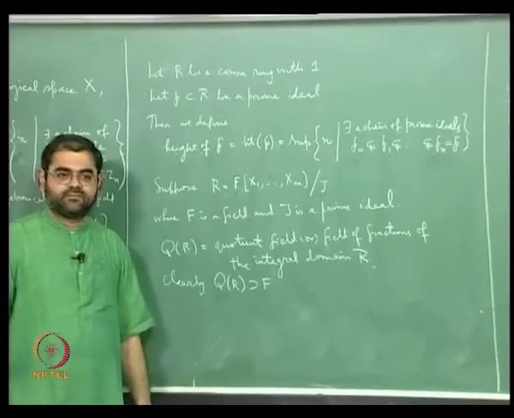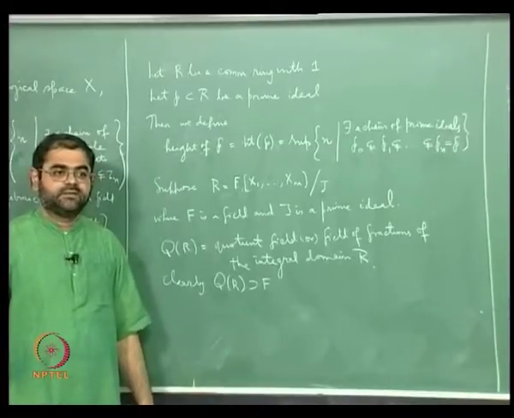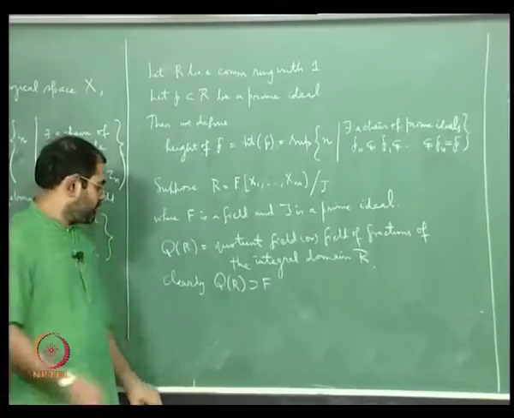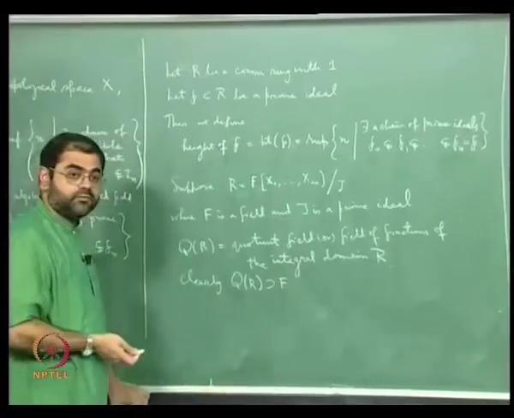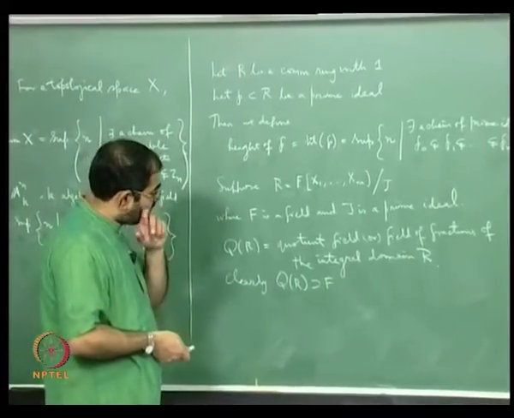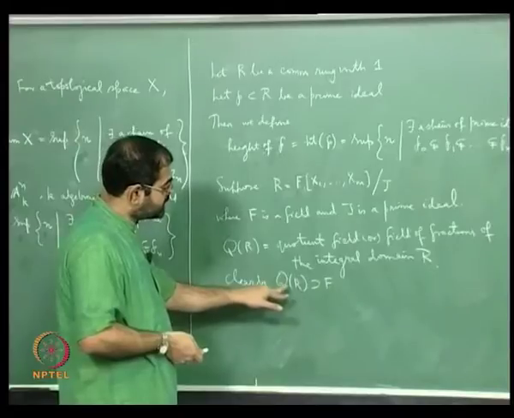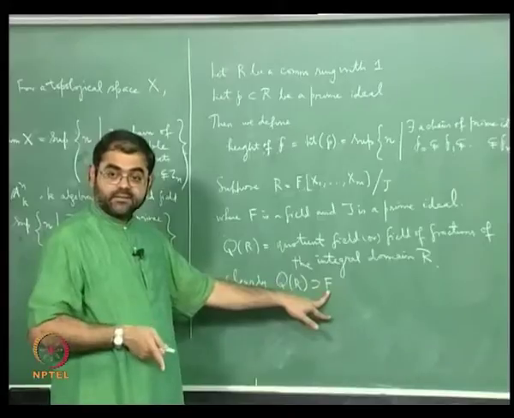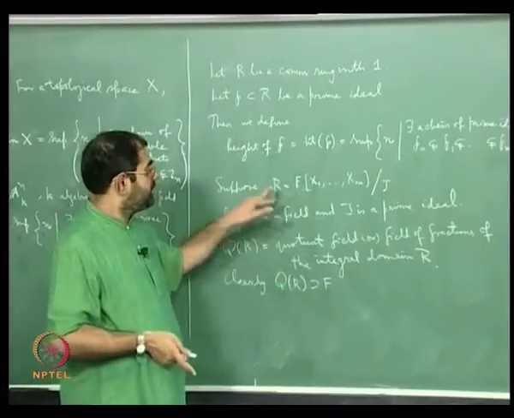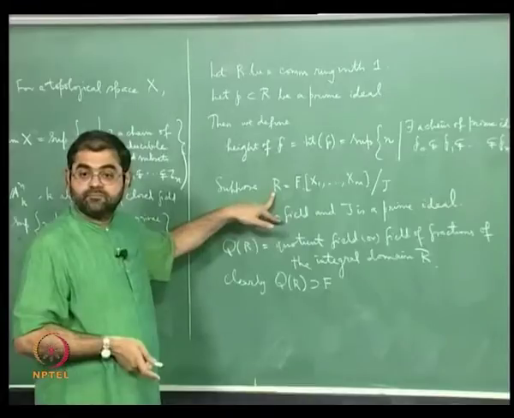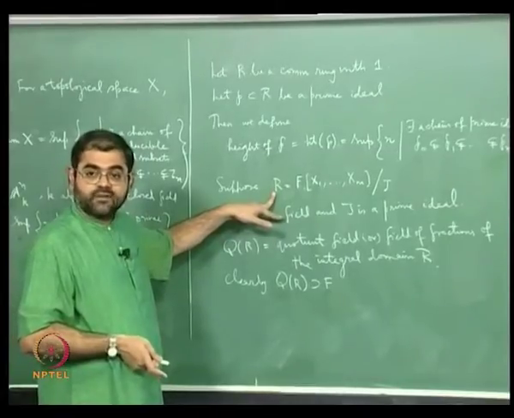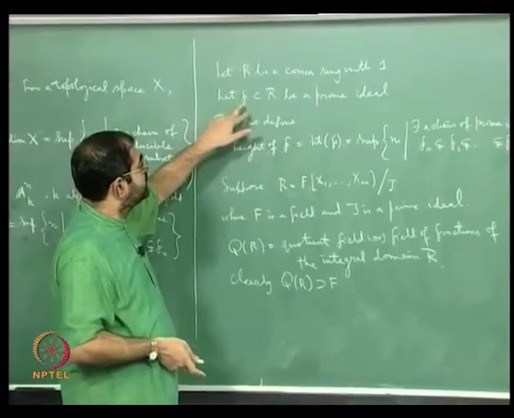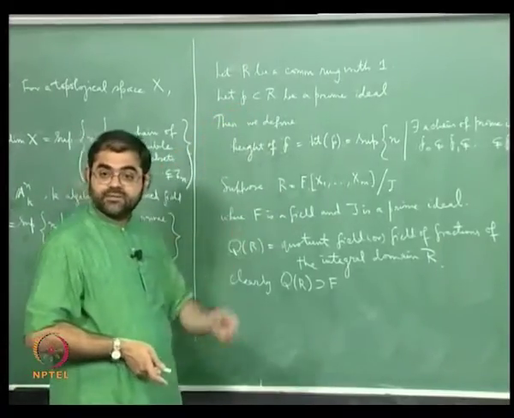It just mimics what we did for dimension in the vector space case. So the beautiful theorem is that the transcendence degree of Q of R over F turns out to be the Krull dimension of R, which is the supremum of the heights of its prime ideals.